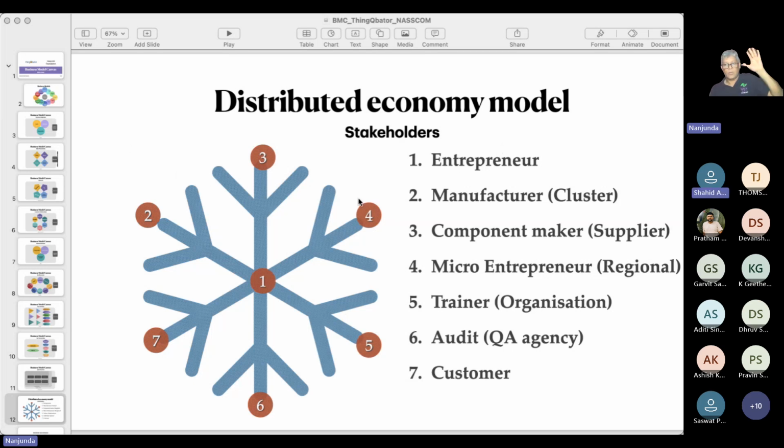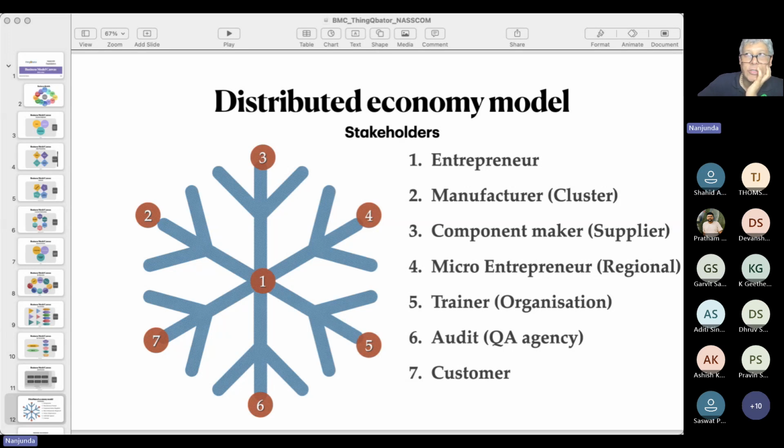Most of the large brands have adopted this model to a certain extent. For example, if you take Bajaj fans, I was recently seeing that they don't manufacture it; they get it manufactured from somebody else. They just do the marketing.